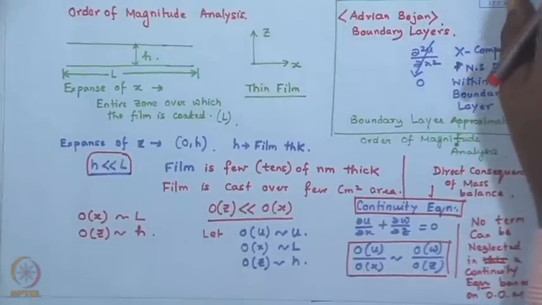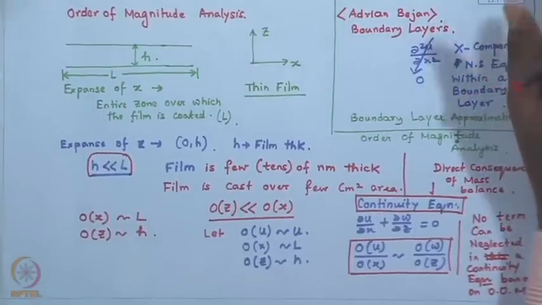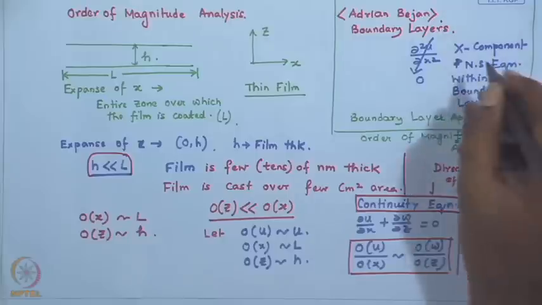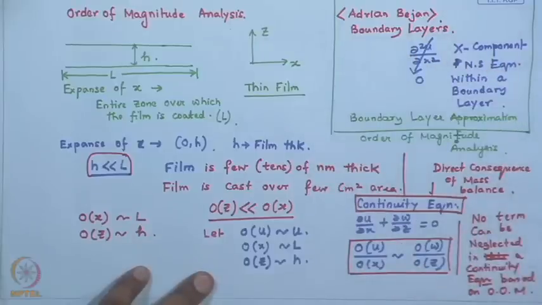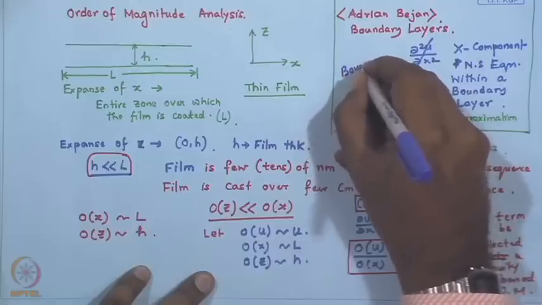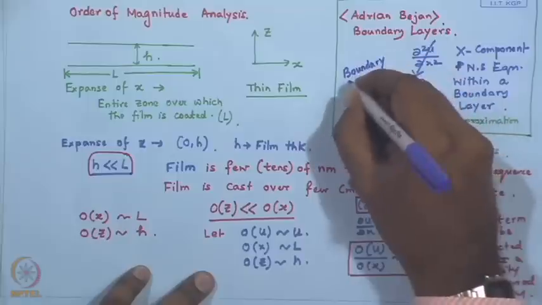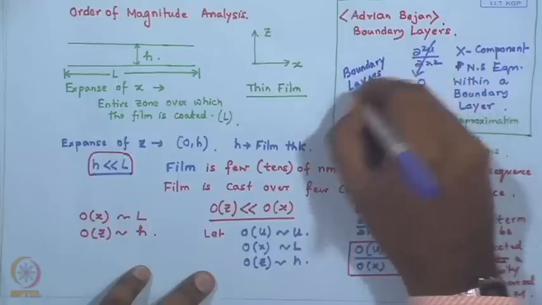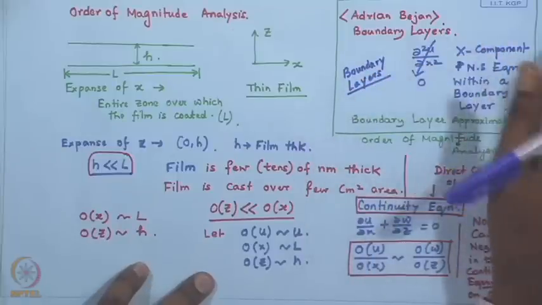So, we just briefly talked about how to perform an order of magnitude analysis, and I told you to refer to some derivation related to boundary layers in any standard textbook like Incropera, DeWitt, or even McCabe Smith maybe, but Fox McDonald for sure.